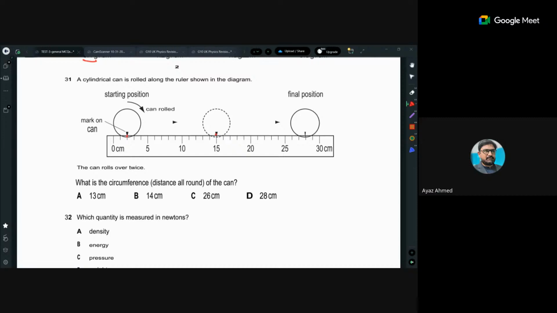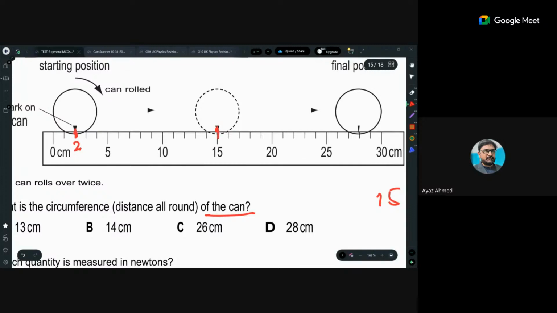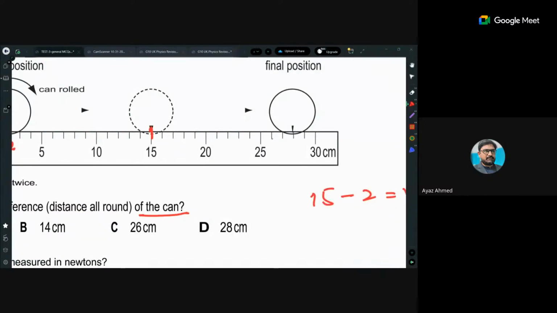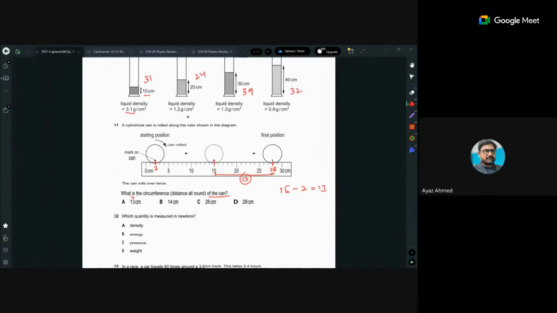So you can say what the circumference, the distance around the can, is. If you started from here, 2, 3, 4, 5, it is 15. So 15 minus 2 is equal to 13. This is 1. And then for the next, it is 15 to 25, 26, 27, 28. So it is 28. Again, when you take the difference, you will get 13. So it means 13 centimeters is the distance covered in one round trip. Okay?